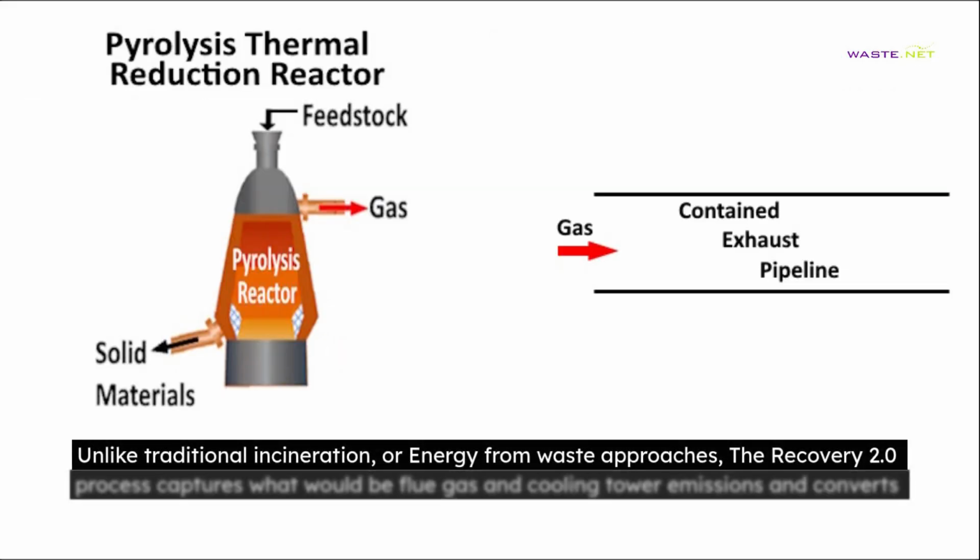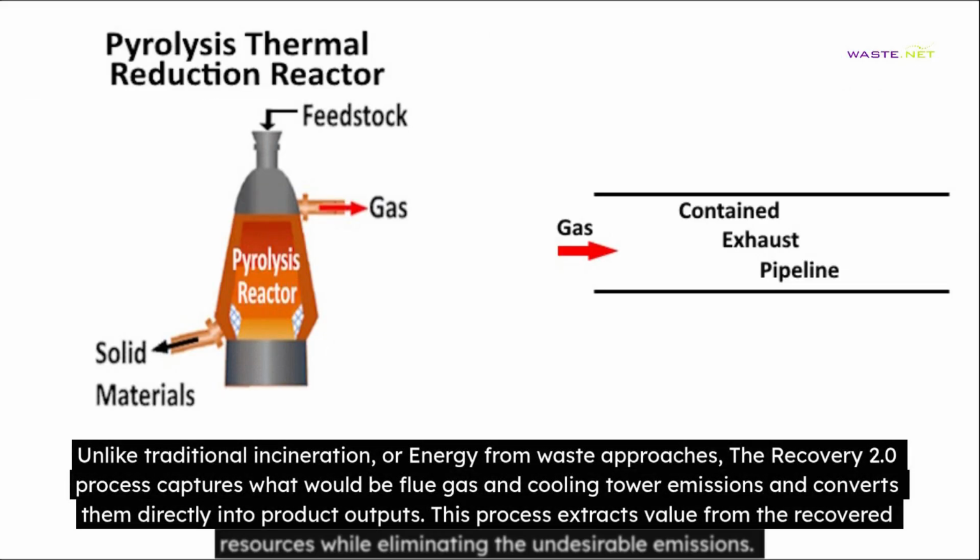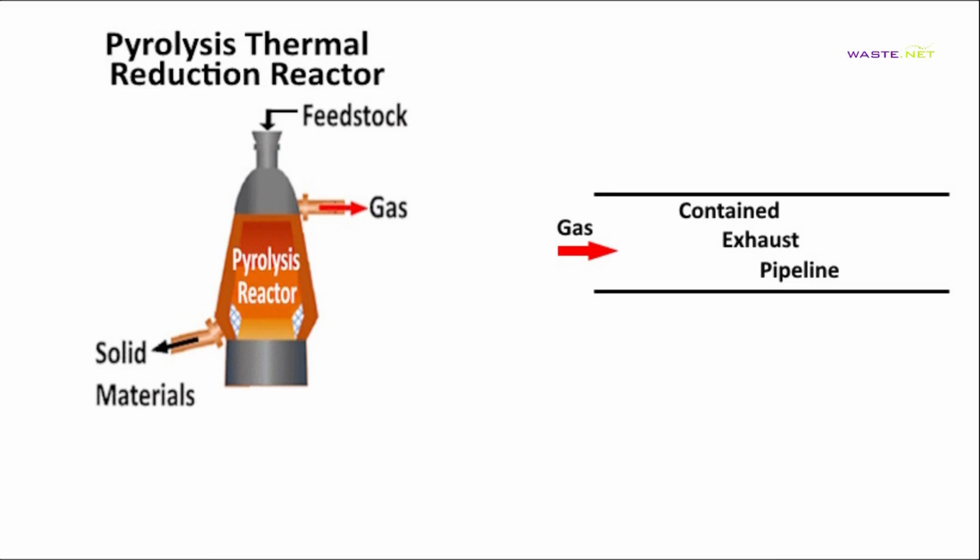Unlike traditional incineration, or energy from waste approaches, the Recovery 2.0 process captures what would be flue gas and cooling tower emissions and converts them directly into product outputs. This process extracts value from the recovered resources while eliminating the undesirable emissions.